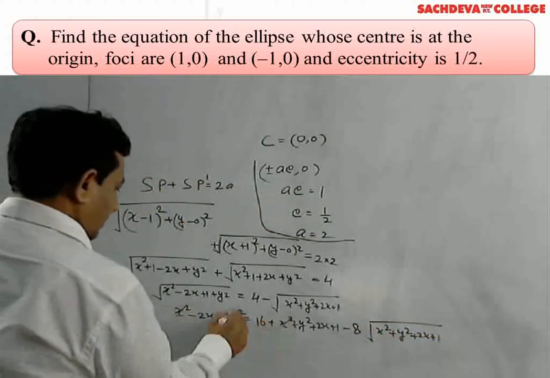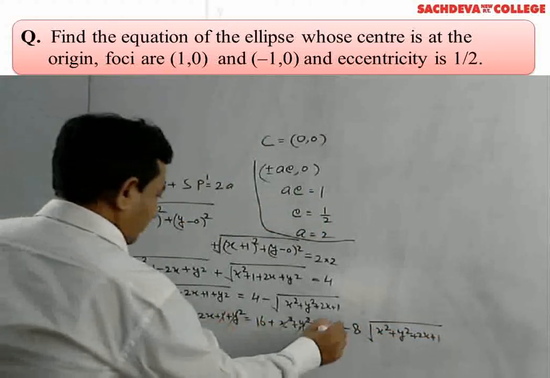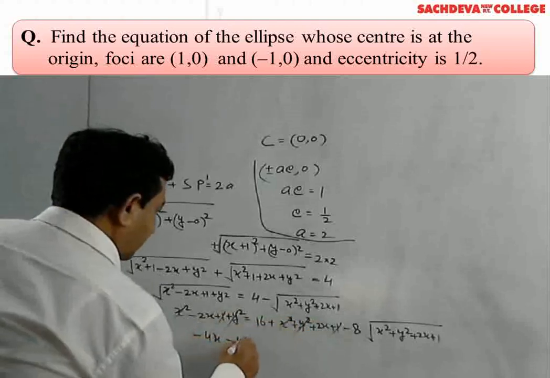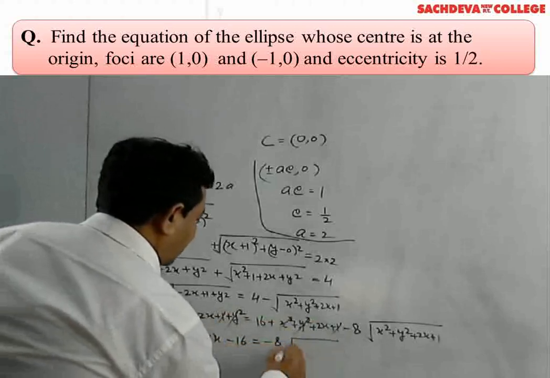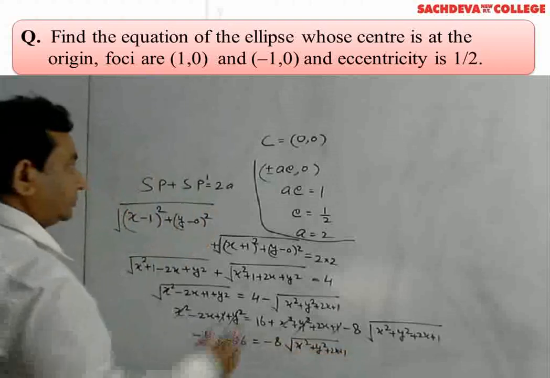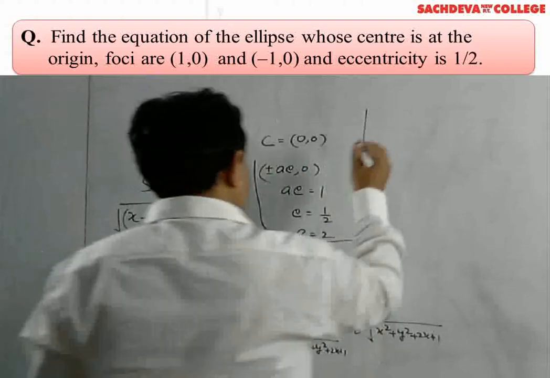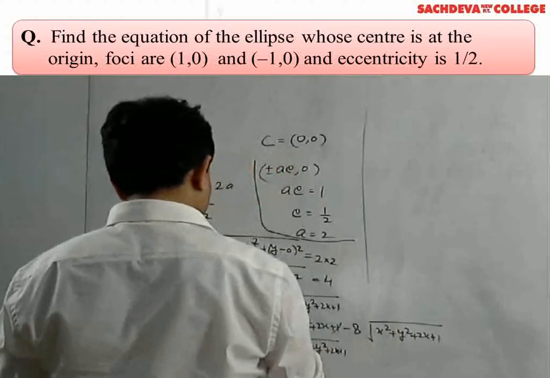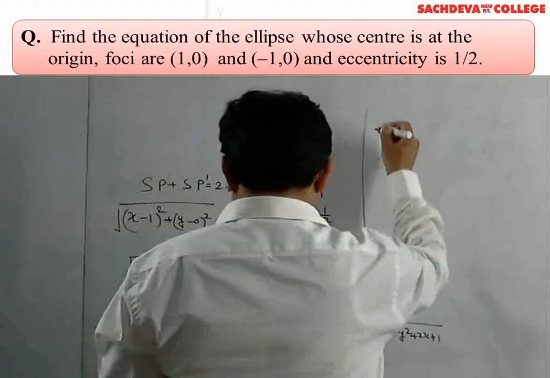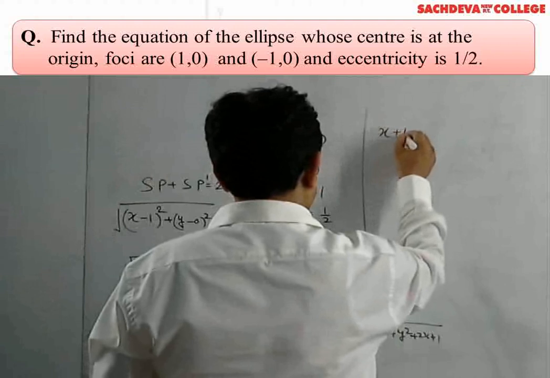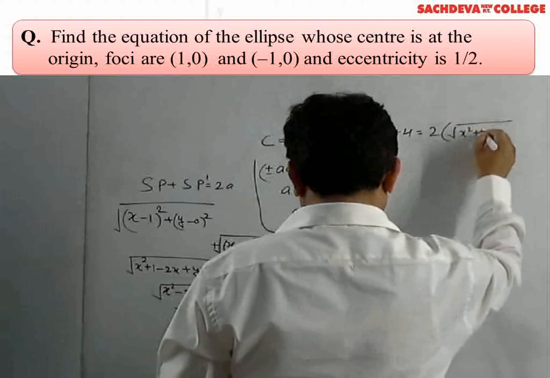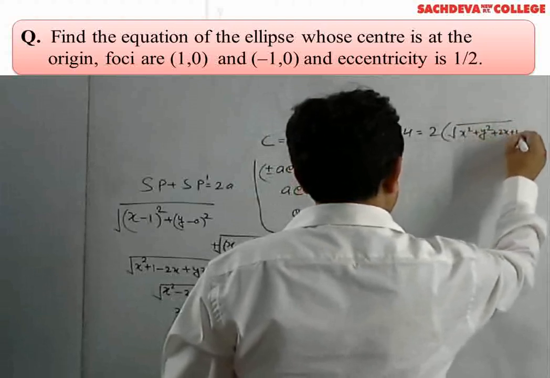This cancels by this, and this cancels by this, 1 cancels by 1, and we find here minus 4x minus 16 is equal to minus 8 root of x square plus y square plus 2x plus 1. So x plus 4 is equal to 2 into root of x square plus y square plus 2x plus 1.